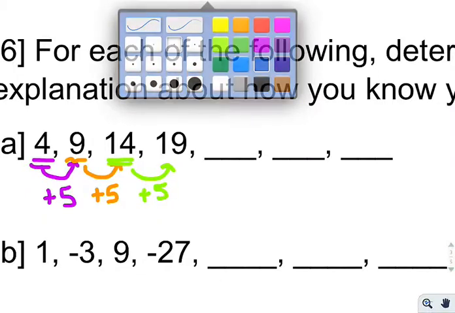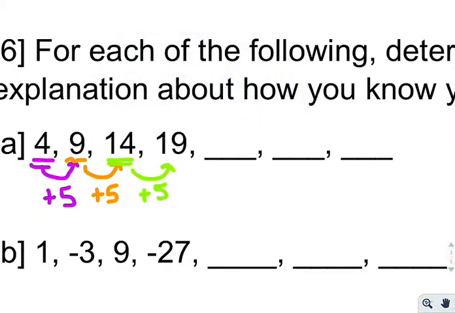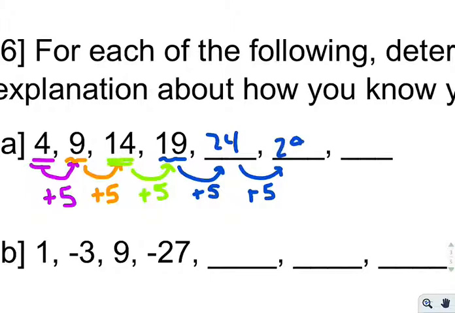So I have to assume at this point safely that that is going to be the pattern. So if I'm now at 19, I add 5, I'm going to get to 24. If I'm now at 24 and I want to get to the next number, I add 5 again. That's going to be 29. So if I'm now at 29, I want to get what number comes next. I'm now going to be at 34.